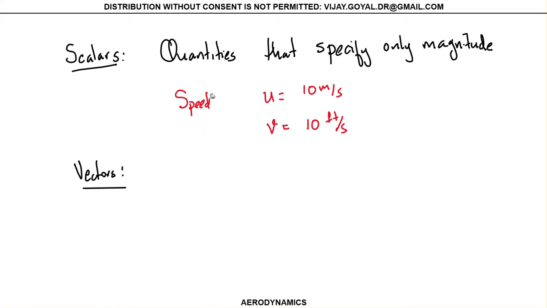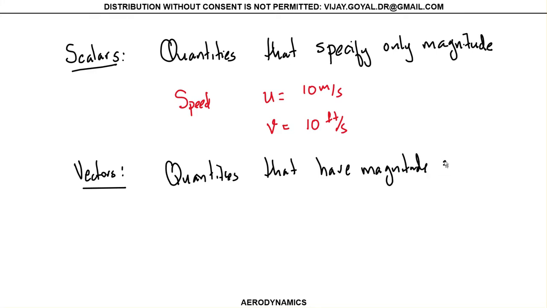Vectors are quantities that have magnitude and direction. Okay. An example of a vector is, let's say, velocity, right?